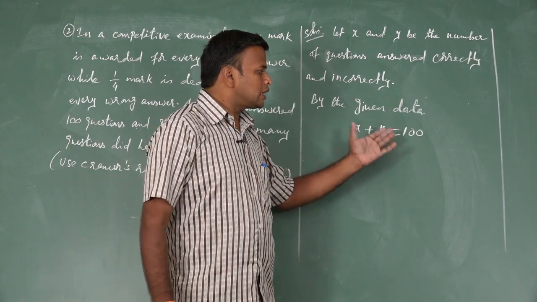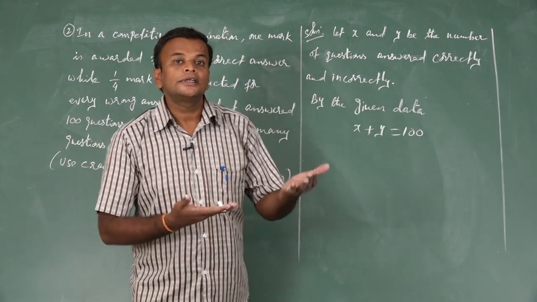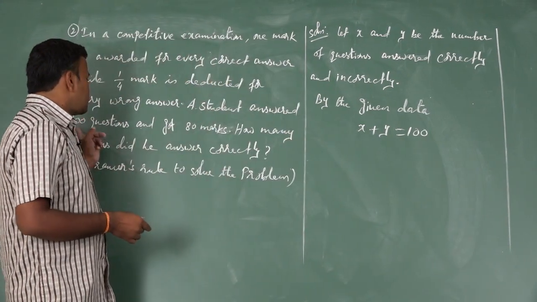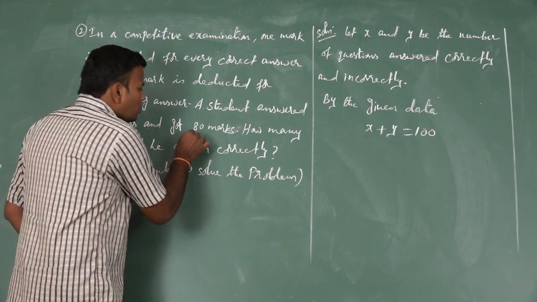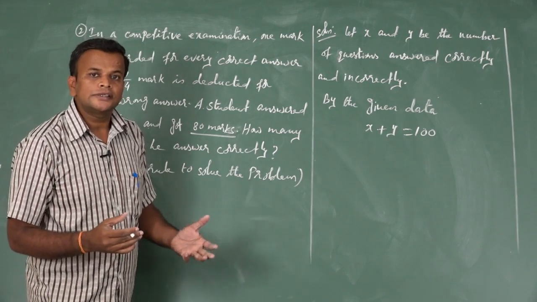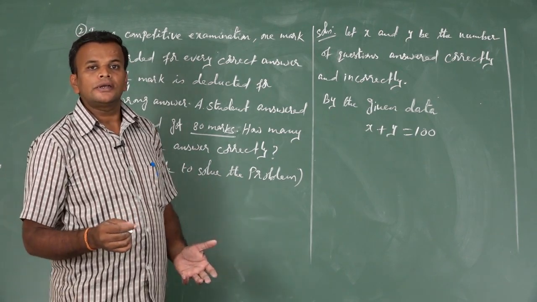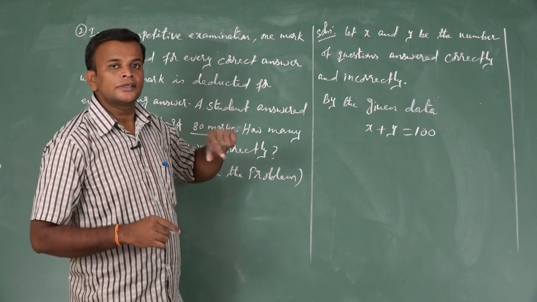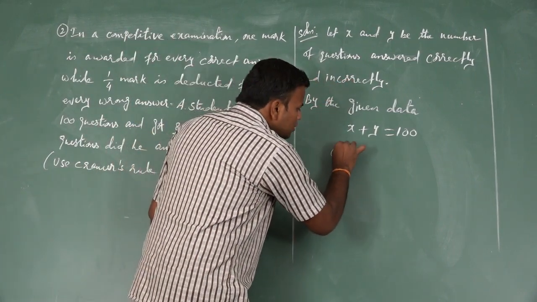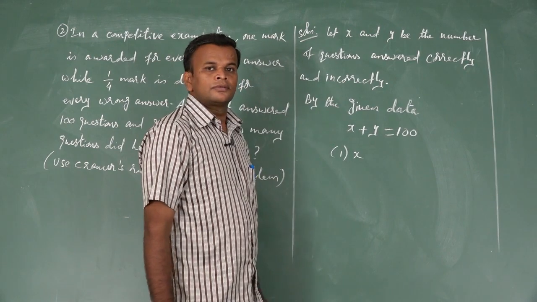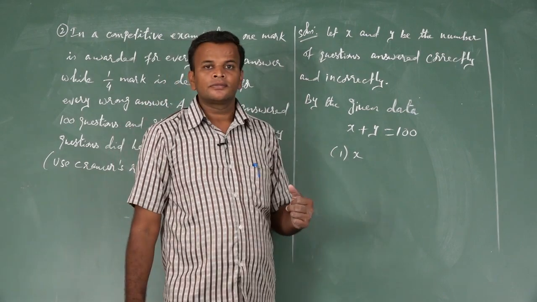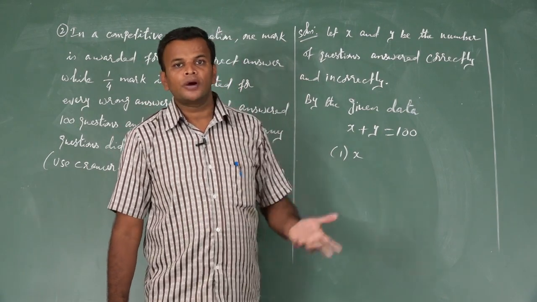So the first equation contains the number of questions, and the second equation contains the marks. A student has answered 100 questions and he got how many marks? 80 marks. Suppose a student answered a question correctly, then he is credited 1 mark, where x indicates the number of questions correct. So the second equation indicates the marks, so 1 into x. 1 correct answer means the student has 1 mark. 2 correct answers means the student got 2 marks.